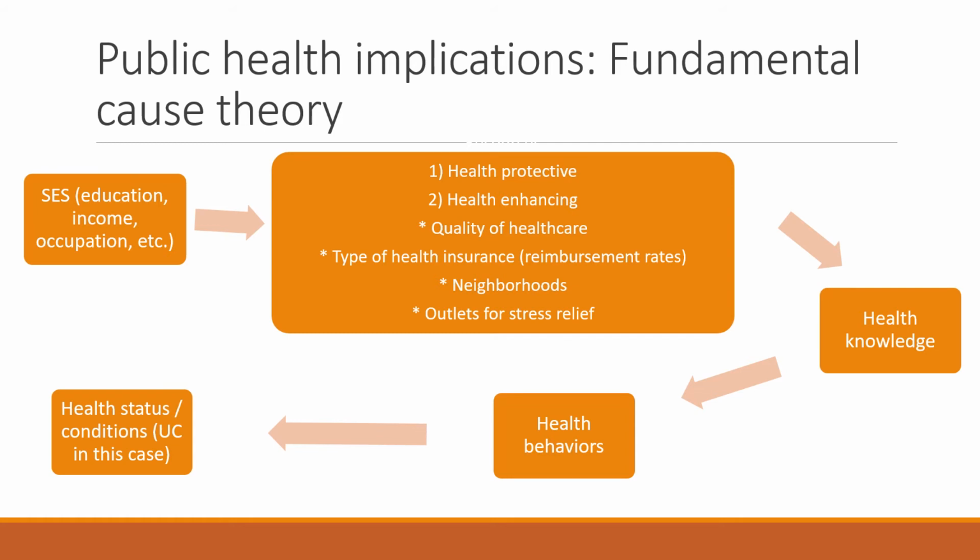And our health knowledge or health literacy in turn determines our health behaviors or other lifestyle behaviors. This ultimately determines our health status and health conditions. In this case, we are talking about ulcerative colitis.